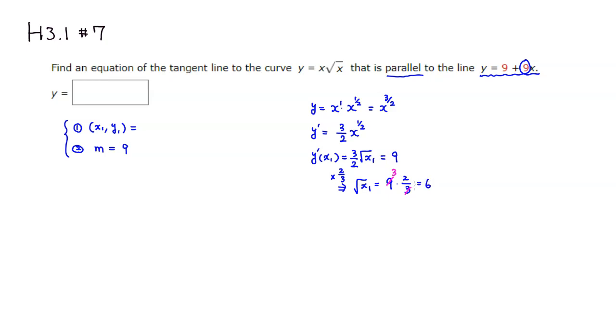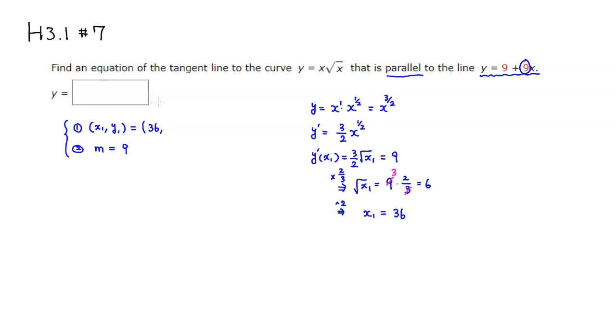So we can easily find x1 by squaring both sides. You have x1 equal to 6 squared, which is 36. We got that. So x1 came out to be 36.